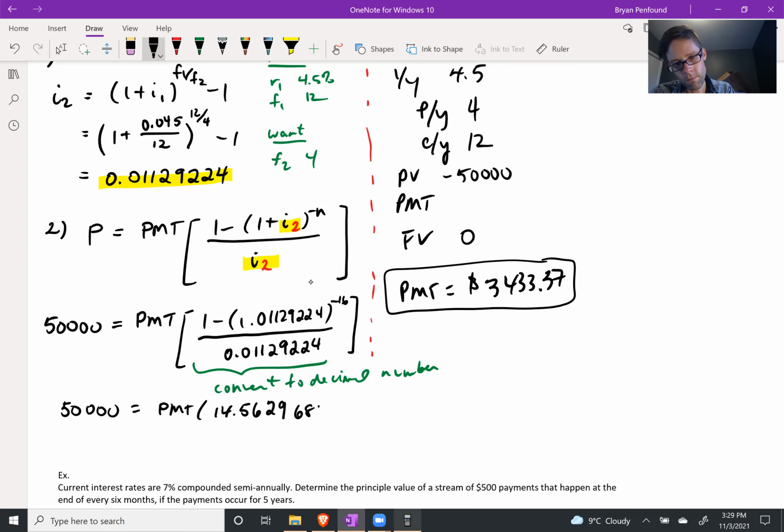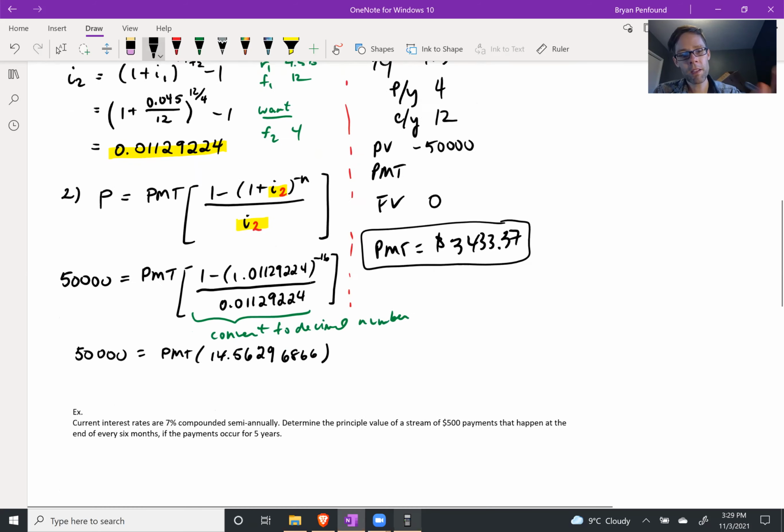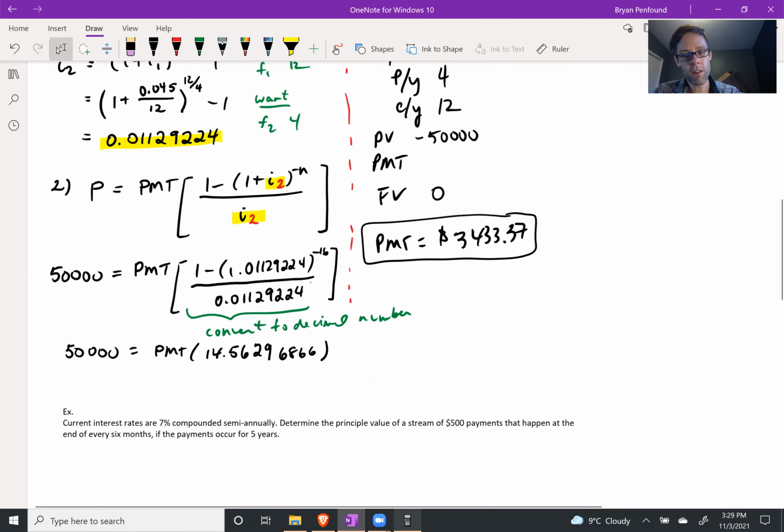So I get a decimal number that's about 14.5629. I'm going to pause here, and you can let me know if you're able to verify that decimal number. If you are able to verify that decimal number, then we can do the division and prove to ourselves we should also get $3,433.37.